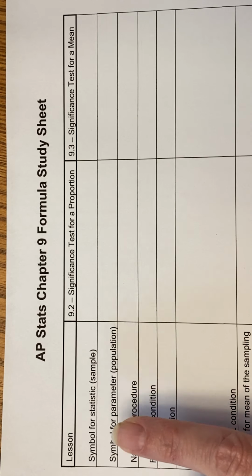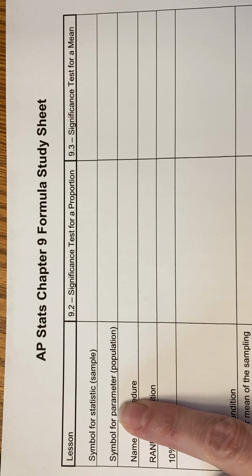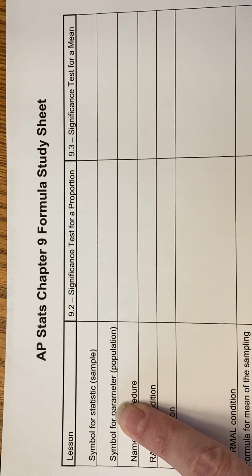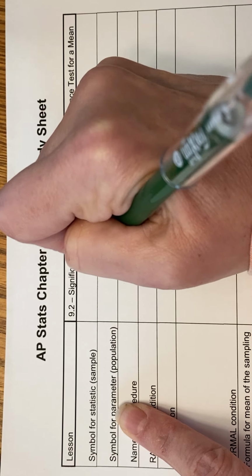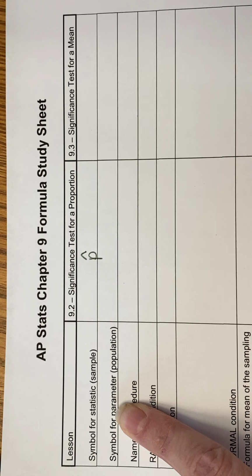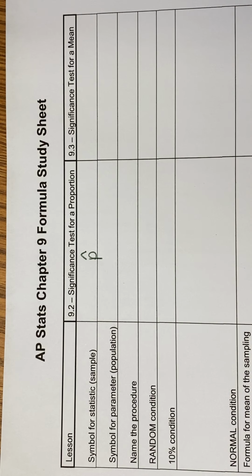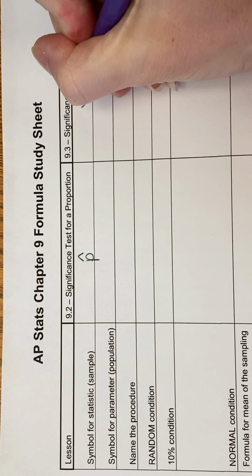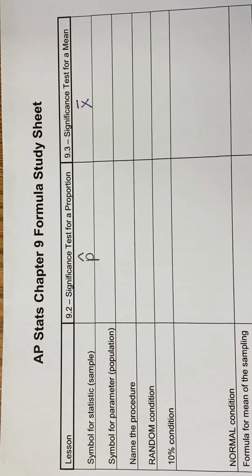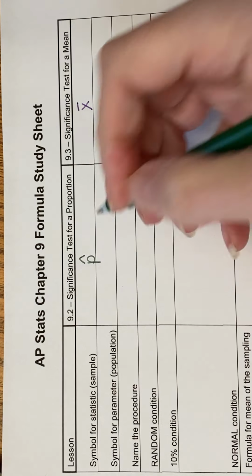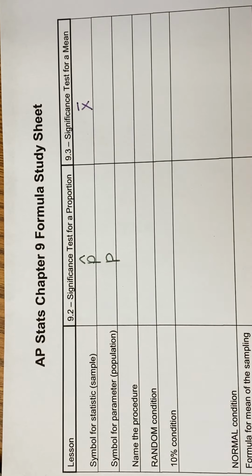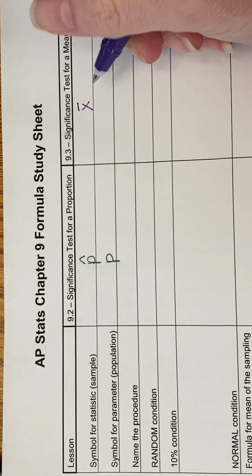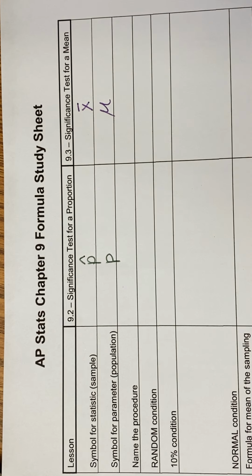So the symbol for your statistic, when you are dealing with a proportion, is p hat. For a significance test for means, the symbol for the sample mean is x bar. The symbol for your parameter, for proportions, is p, and for means it is mu.